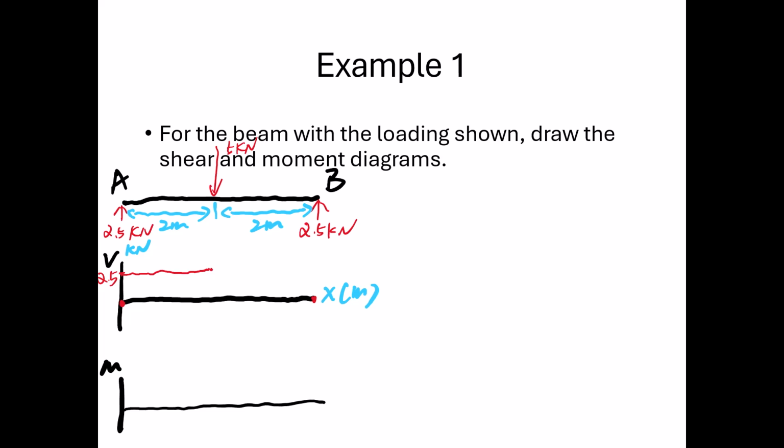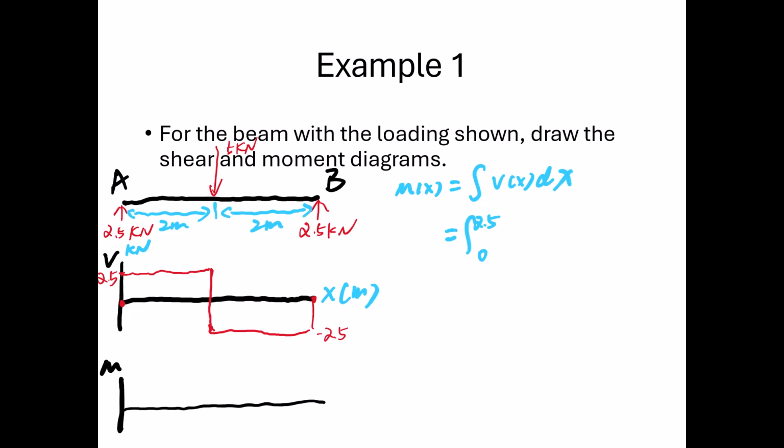For example, the moment from 0 to 2 will be the integral of 2.5 dx from 0 to 2. So it will be 2.5x bounded by 0 and 2, which is just 5.